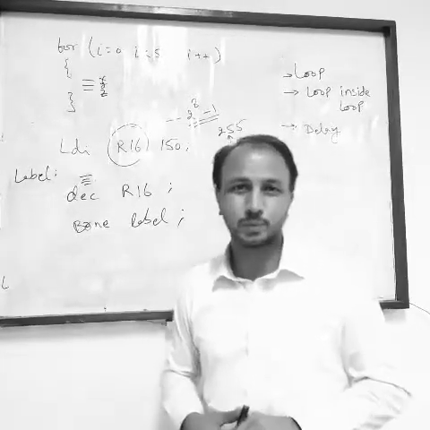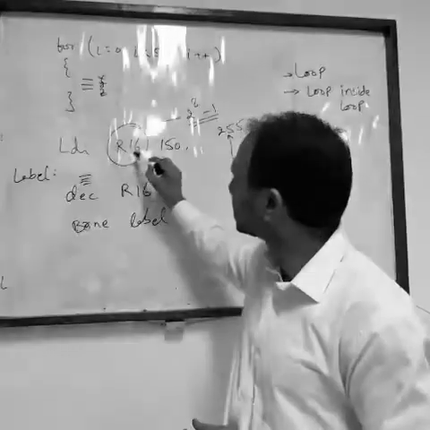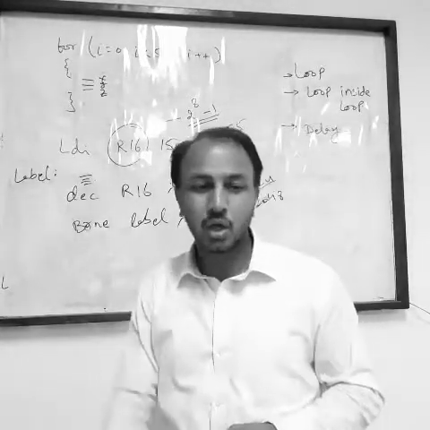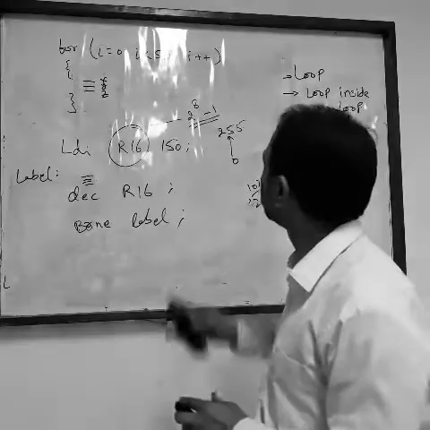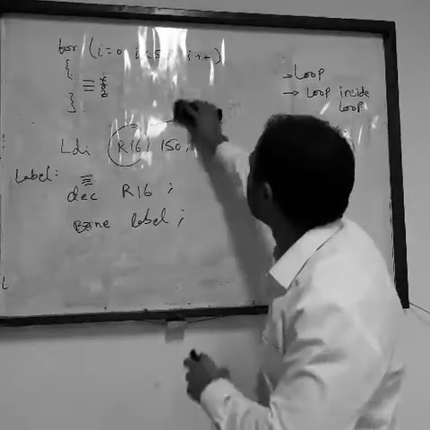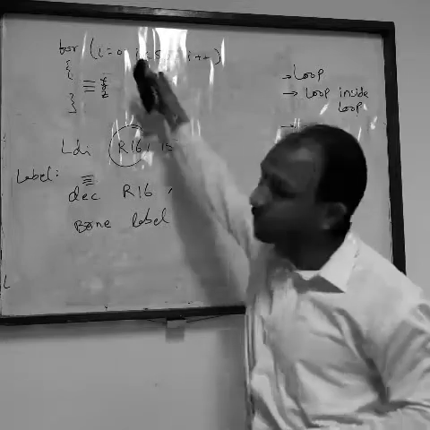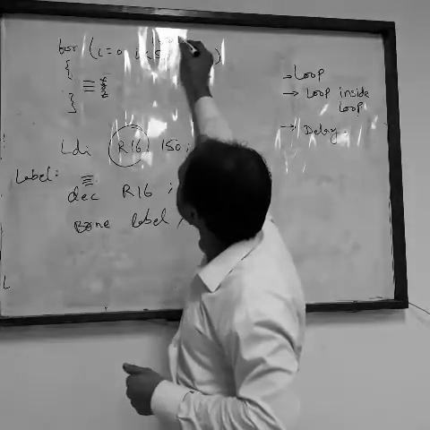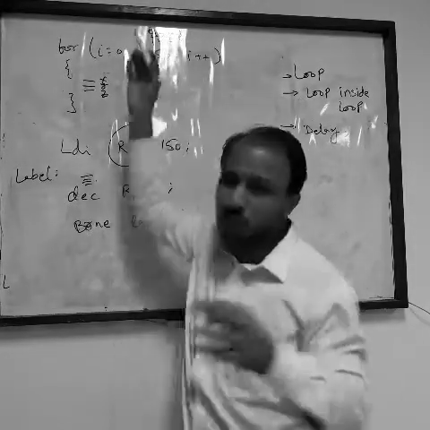So what can we do? This is the limitation of your architecture. In C you don't bother about these things. In C you just simply write 1024 or 2048 or whatever.